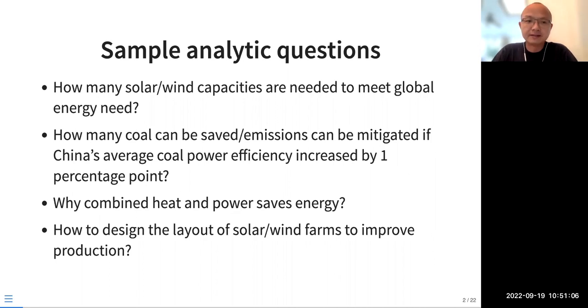For coal plants, how much coal can be saved or emissions avoided if China, for example, or another country, increases the average coal power plant efficiency by 1 percentage point? This is a very interesting question, right? And you can do some simple calculations based on reasonable assumptions.